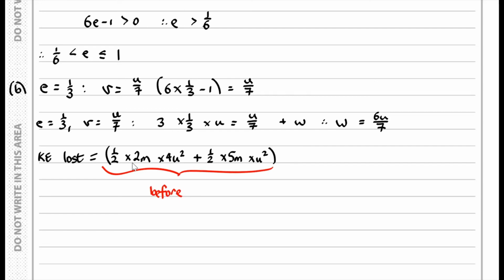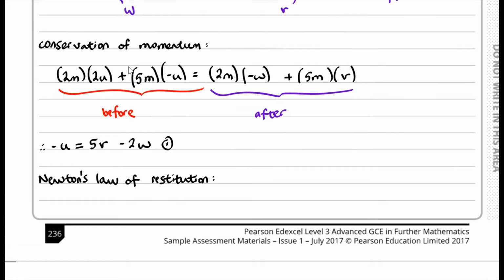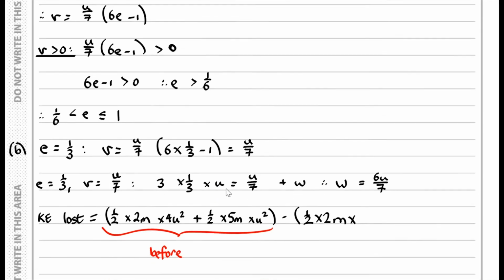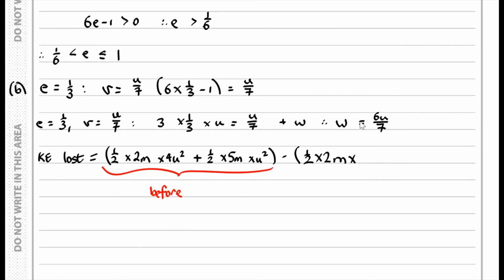Afterwards, because we've got kinetic energy lost, we subtract 1/2 times 2m times W squared, and W was 6u over 7, so squaring that we get 36u squared over 49, and also 1/2 times 5m times V squared, where V was u over 7, so we've got u squared over 49.